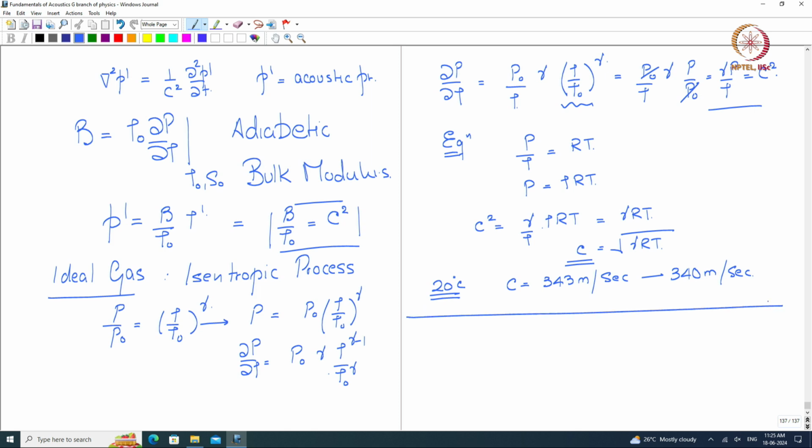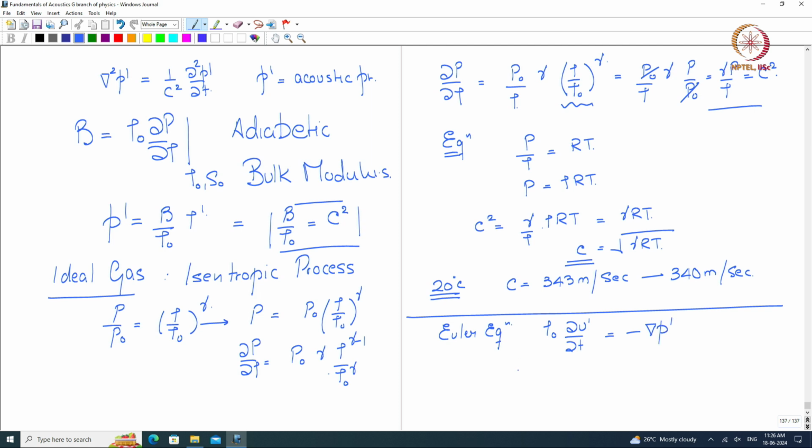Now the next idea is we have this Euler equation, which is rho 0 del u dash by del t is equal to minus gradient of p dash.